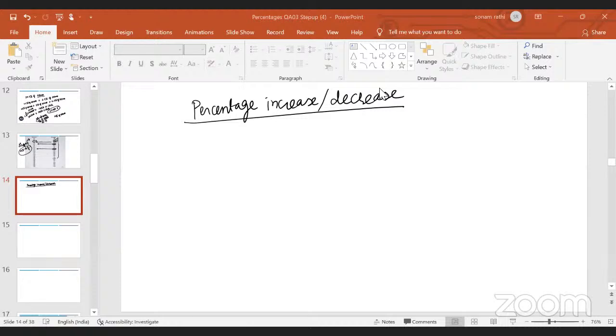Let's say there is a number X. You want to increase it by 10%. So what will happen? X plus 10% of X, right? Now what will you write? X plus 10 upon 100, since you remove the sign of percentage.